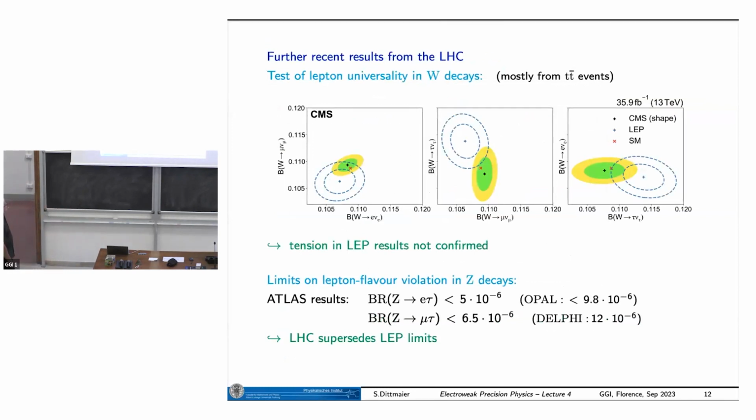Here you find a most recent result from CMS, but there are also ATLAS results, where the branching ratios of the W bosons have been reanalyzed with higher precision. There was a tension concerning lepton universality at LEP times, and now the new results, which are colored here, show nice agreement with the hypothesis of the standard model that all the leptons should more or less lead to equal branching ratios up to phase space effects.